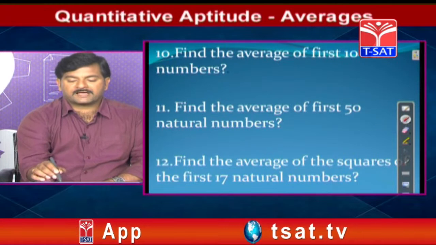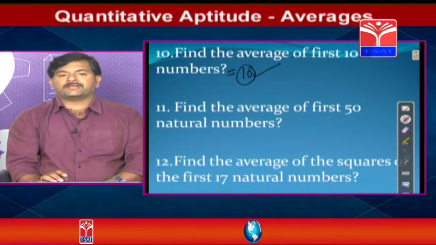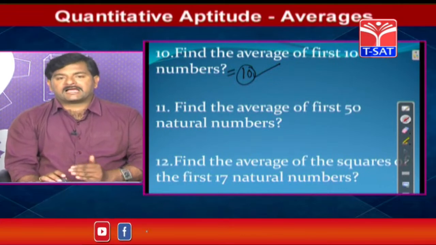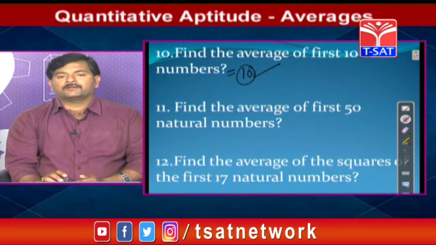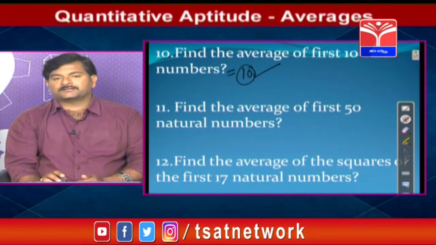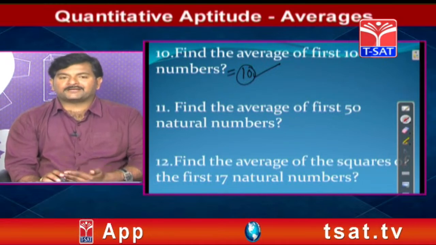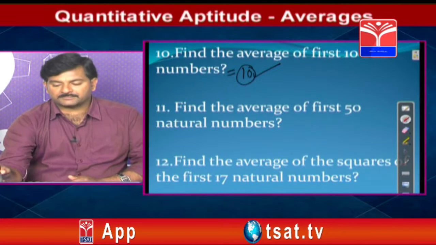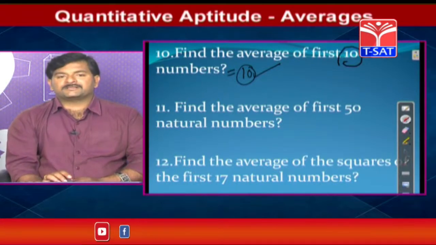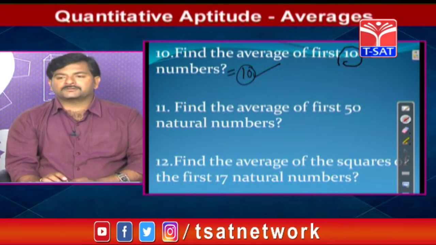That's why the average of the first 10 odd numbers is 10. That is regarding question number 10.